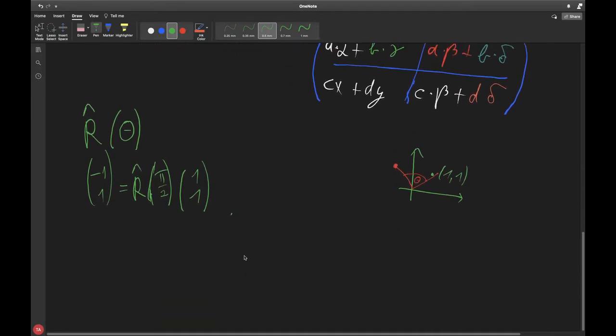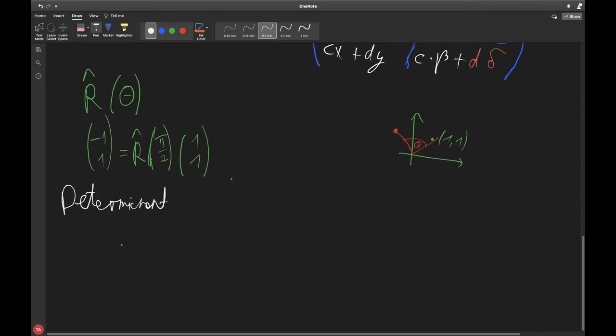One thing which is very important for matrices, an important parameter or property of a matrix, is its determinant. When we have a 2 by 2 matrix, first of all, if this was my matrix notation, the determinant is denoted like that.